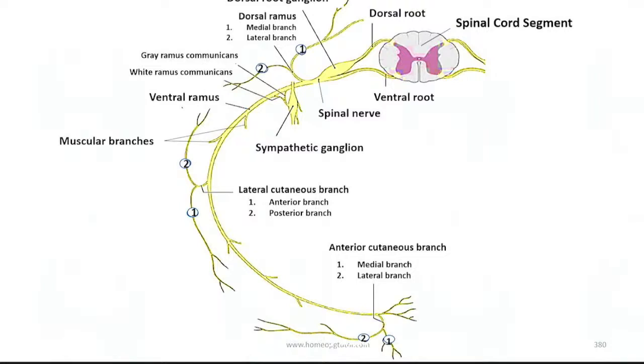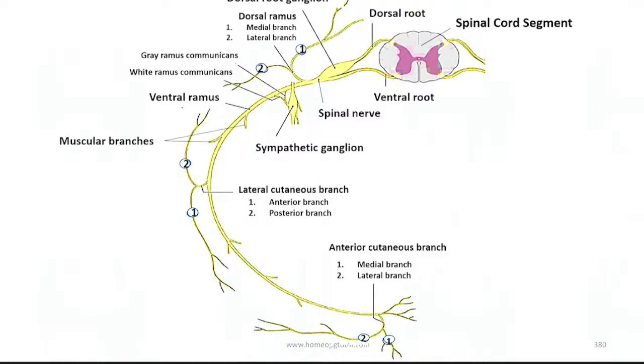Here I have given a small segment of the spinal cord, but remember, what is the spinal cord? It is a nervous tissue, right? Not only nervous tissue, it also consists of supporting cells. And it extends from where? It extends from the brainstem to the lumbar vertebrae.